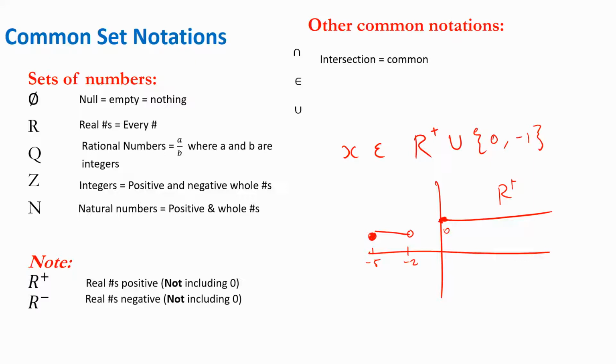Yeah? Now you can use interval notation, or you can use set notation. This is all falling under set notation. Okay? So how would I do that? So I got the R plus. Fantastic. Now, I'm saying union means include. Now, the R plus doesn't include 0. Okay? So I can do two things here. It looks a bit funny when I do it like this, but I'll show you how it is.